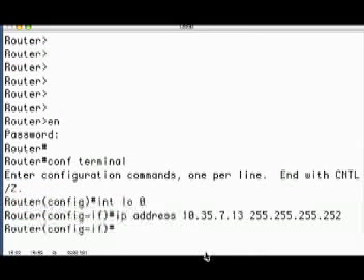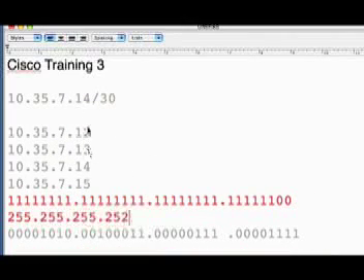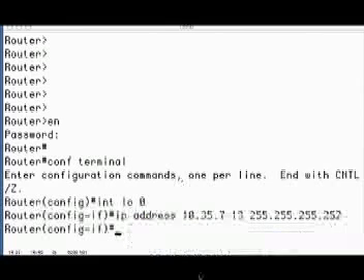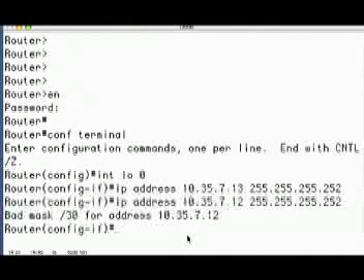And that's how we configure the Cisco router: ip address 10.35.7.13 255.255.255.252. Now, if you remember, the .12 address was not a legal address for that net mask. Let's see what happens when we try to type in ip address 10.35.7.12 255.255.255.252. Bad mask /30 for address 10.35.7.12.